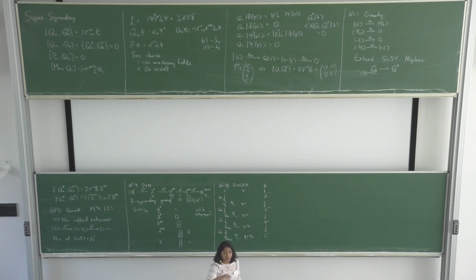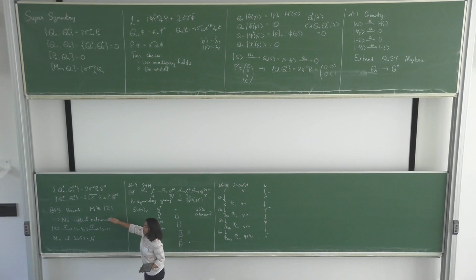I mean, you can always choose a rest frame for a massive object, and then you can show that all of those commutation relations will lead you to this particular bound having to be true as long as all of your states are normalizable. Yeah. So you do need to.